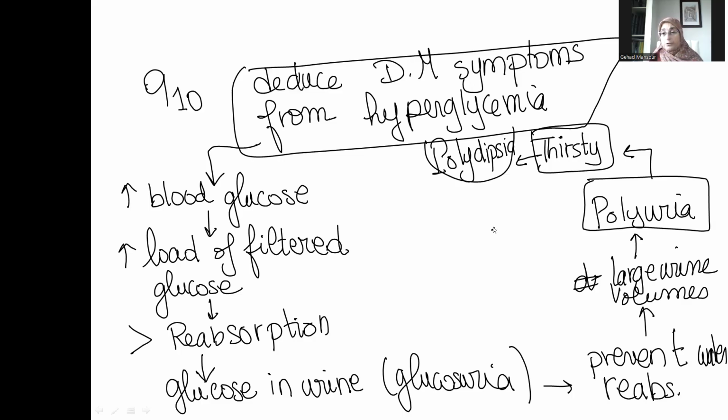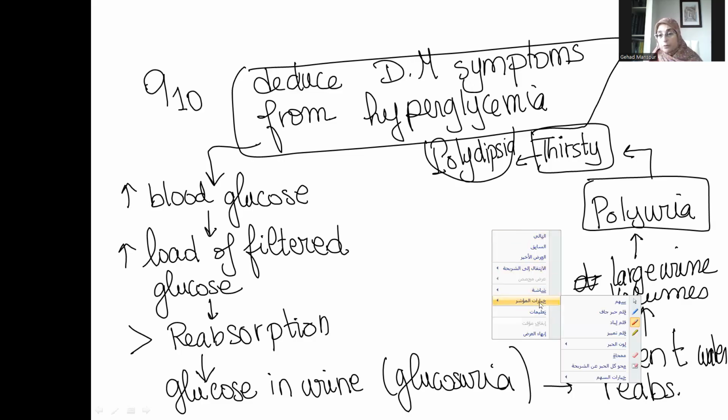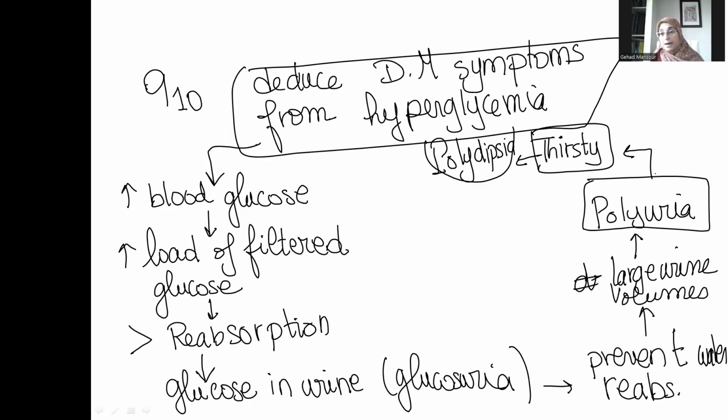But the patient not only suffers from thirst because of polyuria, but there is another important thing that is lost in urine, that is glucose. Glucose is the source of energy.